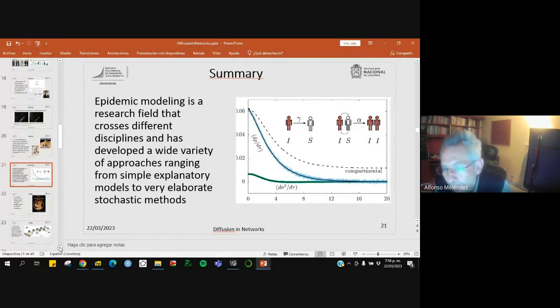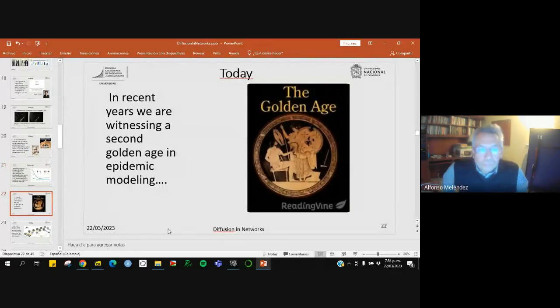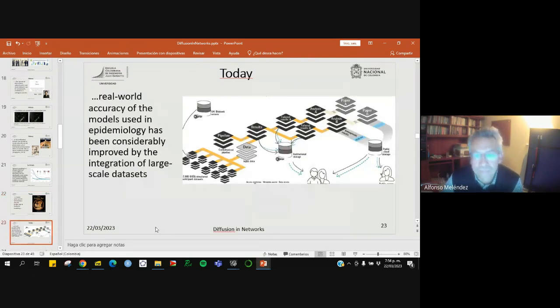But let's look at what is happening today because it is very important. Guys, in recent years, we are witnessing a second golden age in epidemic modeling. A second golden age, okay? Why? I guess you know why. The real-world accuracy of the models used in epidemiology has been considerably improved by the integration of large-scale data sets.